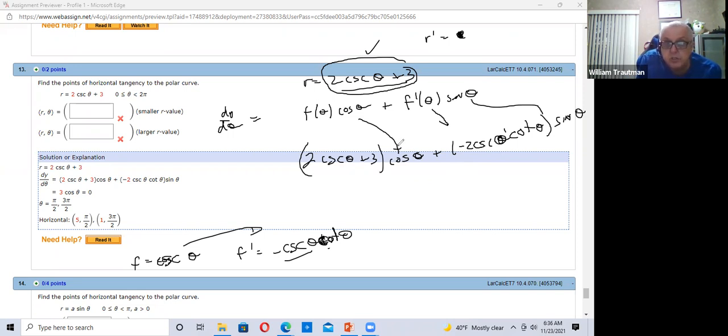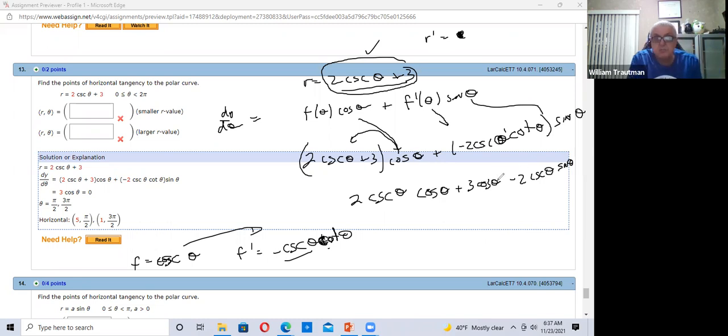All right, so I'm going to distribute here and I get 2 cosecant theta times cosine theta plus 3 cosine theta minus 2 cosecant theta sine theta cotangent theta. Oh Lord, it's becoming a mess.